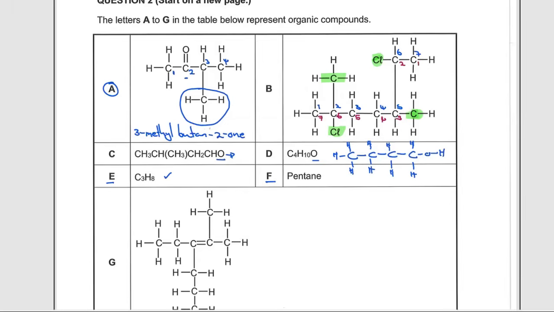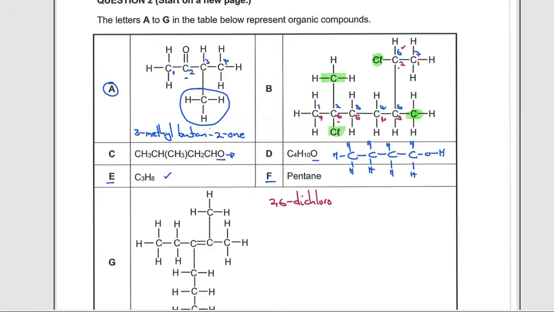Now I'm going to count using the blue ink: on carbon number 2 and number 6, this is carbon number 2, and that carbon at the top is 6. What do I have? I have 2 chlorines. So I'm going to say 2,6-dichloro.